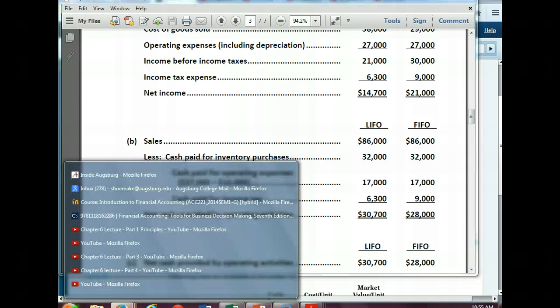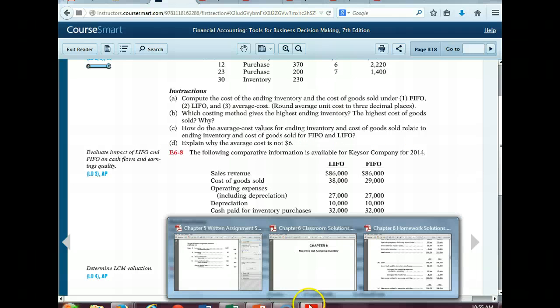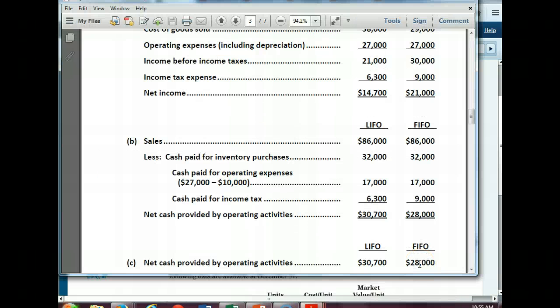The next asks us, here, I'll hold this a minute. Everything's the same here except the income taxes.